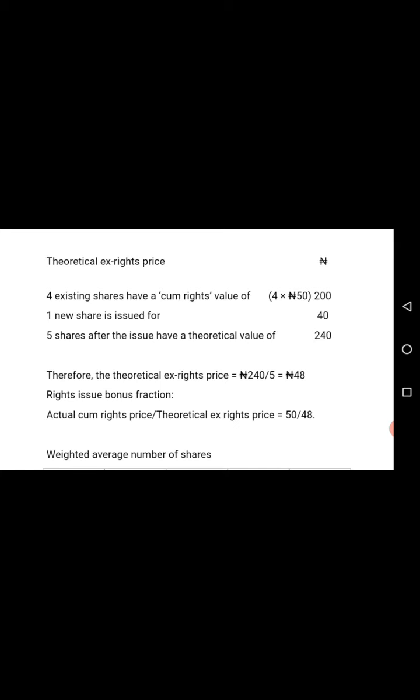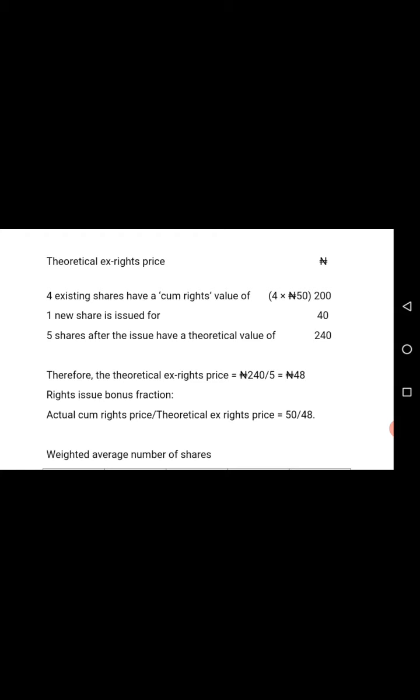Now if you want to get the price per share, we would have 240 divided by 5, and the theoretical price that each share is supposed to be is 48 naira, not 50 naira as stated. So in theory, each share is worth 48 naira. Because of the discount, there is a reduction there, a 2 naira difference.